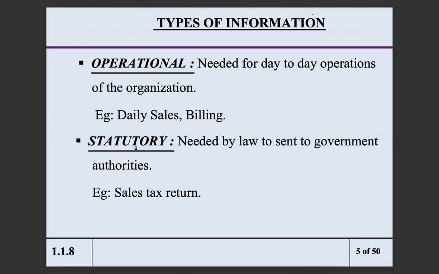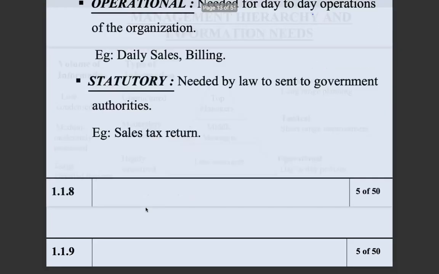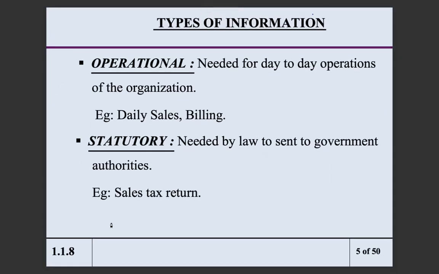Why do we need these? They are needed by law to send to government authorities. For example, the sales tax return. That's what we have up to this point. Is it clear now?